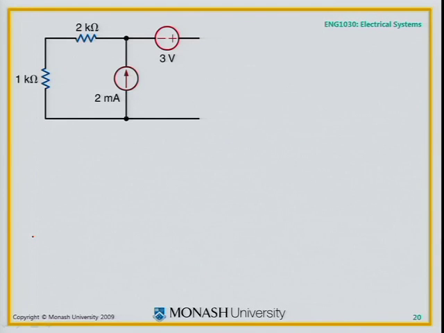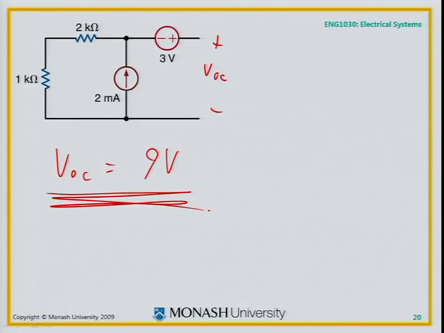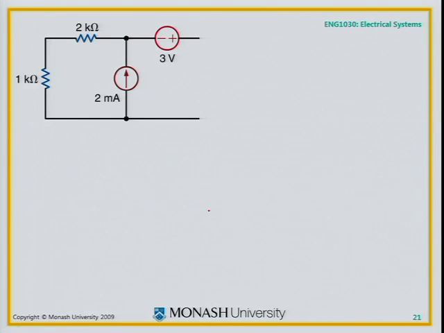How do I do it? First, find that voltage. We already did that. That was your first MELTS question. VOC equals 9 volts. Work done. The second part, you short circuit it and find that current.